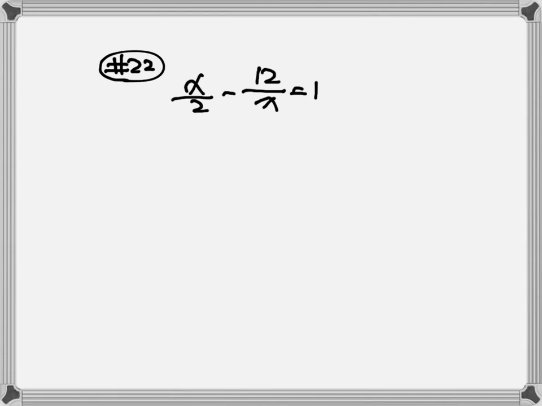Okay, next, let's look at number 22. Number 22 here, we have x over 2 minus 12 over x equal to 11. We're going to do the same thing. Let's find the least common denominator. So the least common denominator, that's only 2, so we take the 2. That's only x, so we take the x. So my least common denominator is 2x.